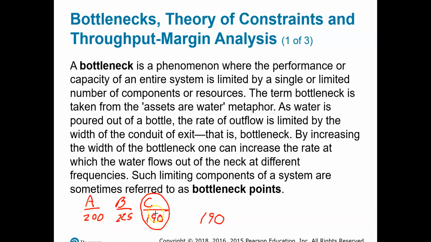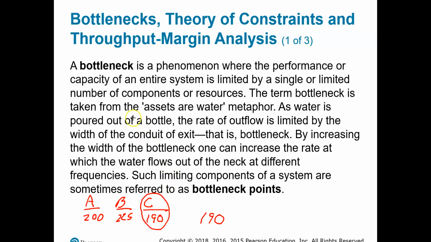No, because at the end of the day, Department C can still only produce and output 190 units. So my daily limit is going to be 190 units, because that's the department with the least amount of output I can get in any given shift. So when we talk about bottlenecks, we're talking about the restraining factor, and this is my bottleneck point.